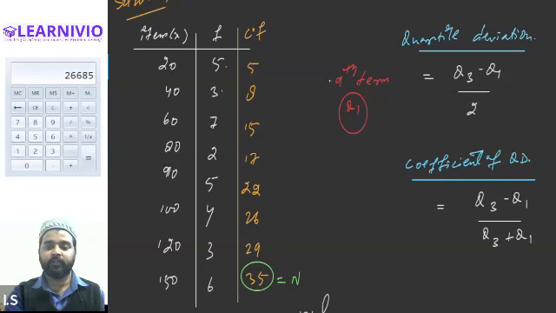So 9 will definitely fall after 5, correct? And 9 will also fall after 8. Since after 8 there is no 9, it means 9 will be somewhere within this cumulative frequency. So the item that is exactly in front of this cumulative frequency will be our Q1. This will be our Q1.